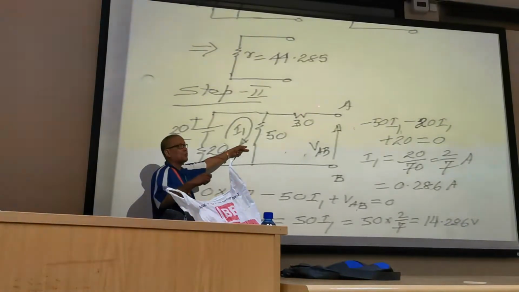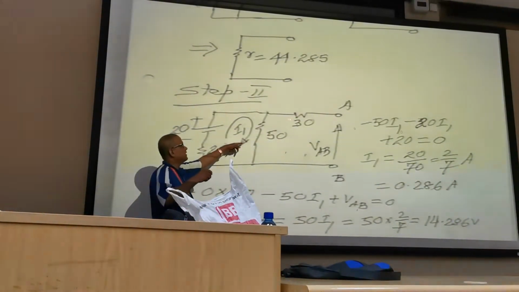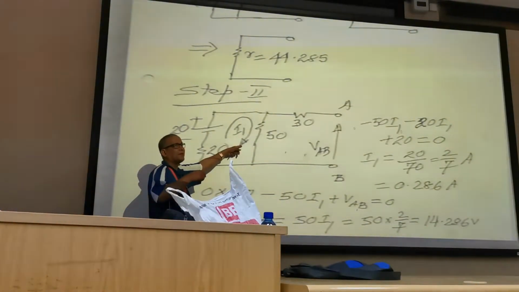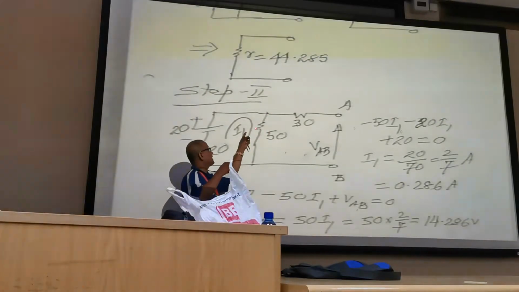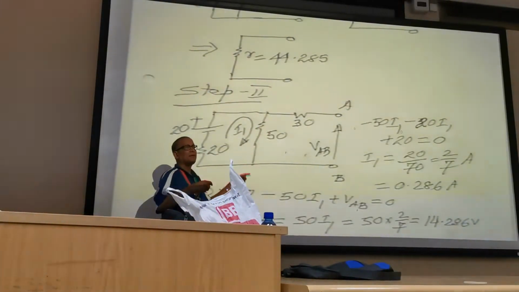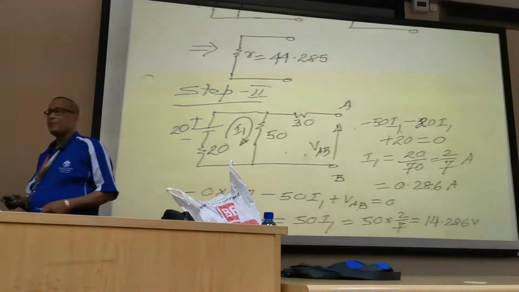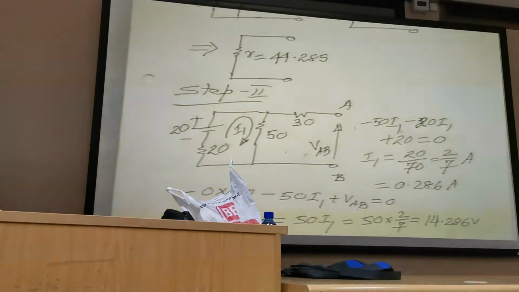This current is 0. So 0 plus I1 is I1. There was no current here. That's why it still remains I1. You are right. If there were another current, that current would be added. But here there is no current, so this is 0, 0 plus I1, so this current remains I1. Clear? Any other question?